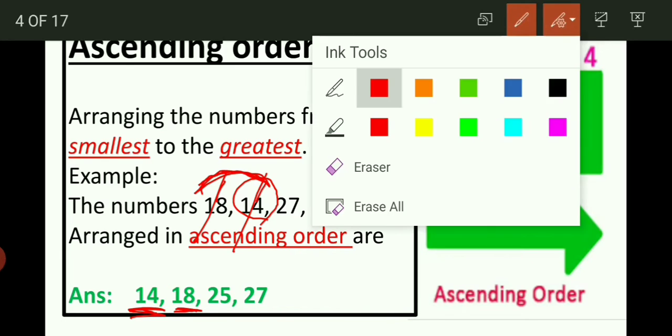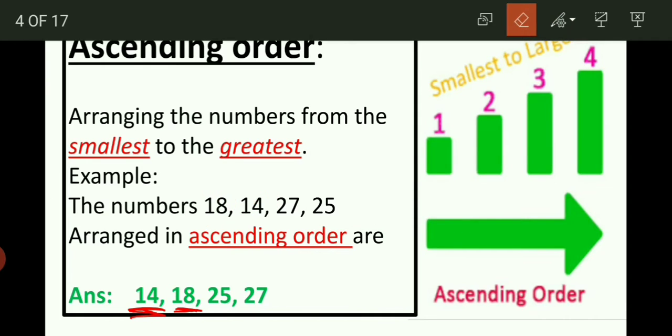Here also you see that in these 2 numbers, 27 and 25, again the tens place value is the same, that is 2. So the tens place values are the same, that is 2.